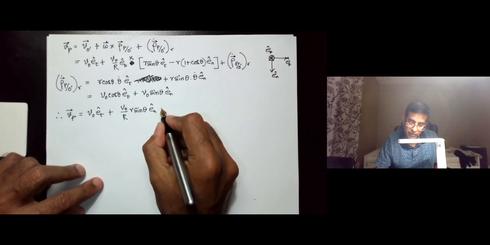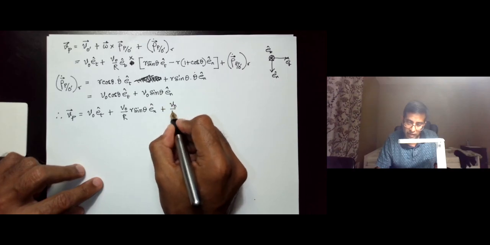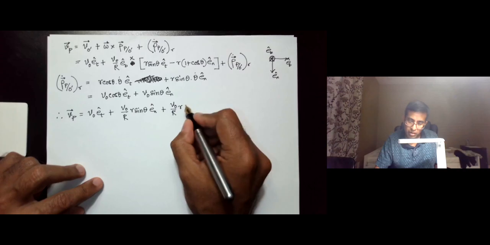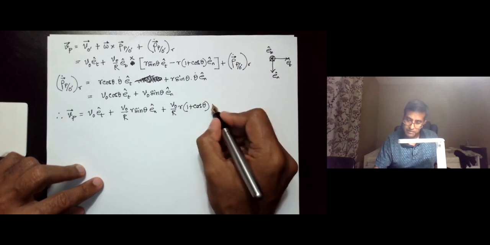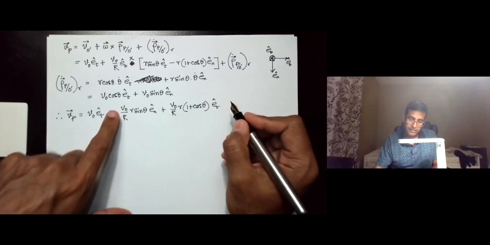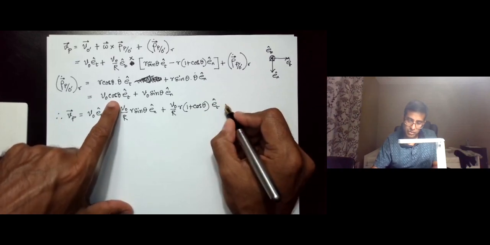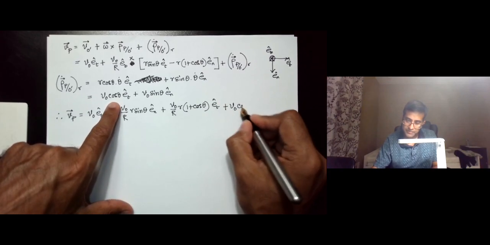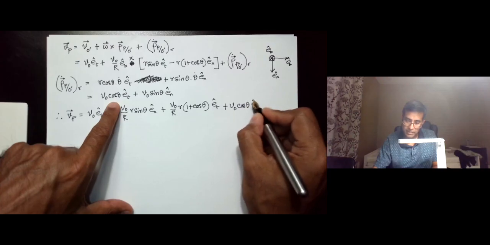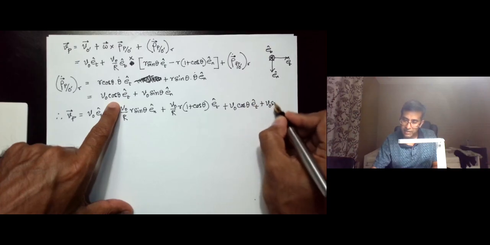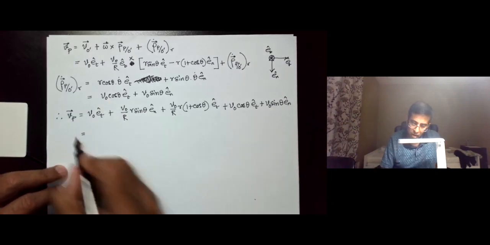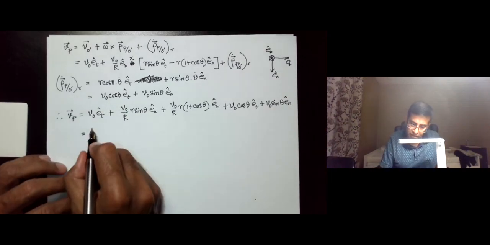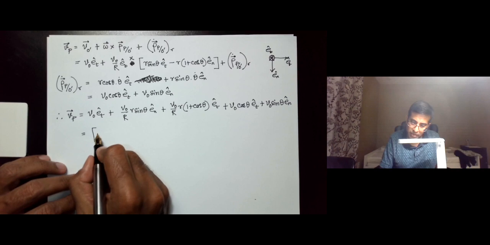So we are going to have plus V0 over capital R times small r times 1 plus cosine theta ET, and then we add to these two terms V0 cosine theta ET plus V0 sine theta EN. So now combining the terms, all the terms containing ET, let's put them together.